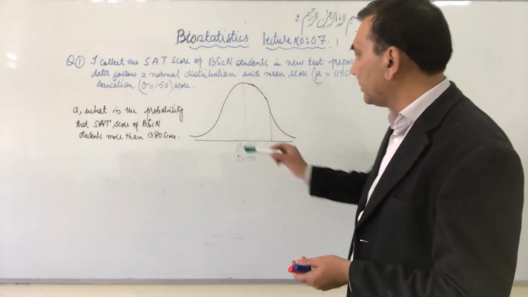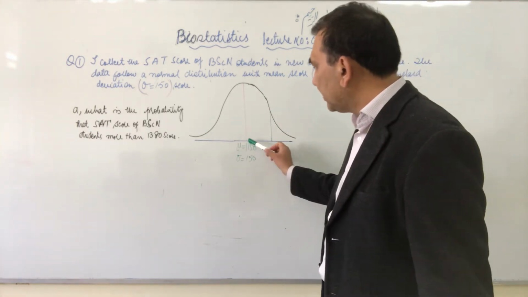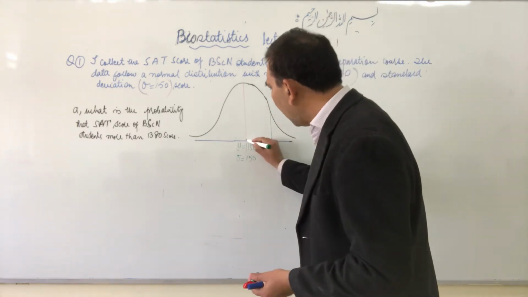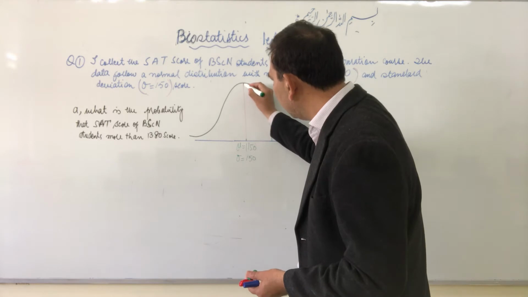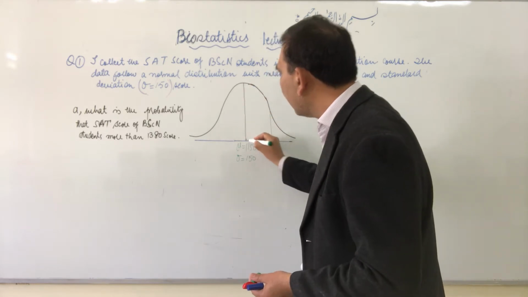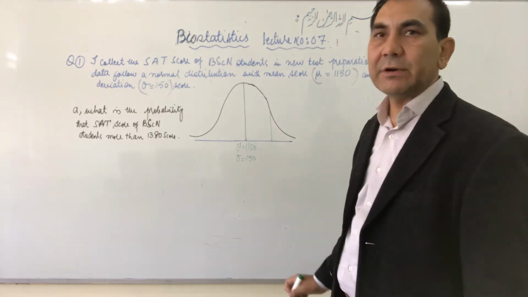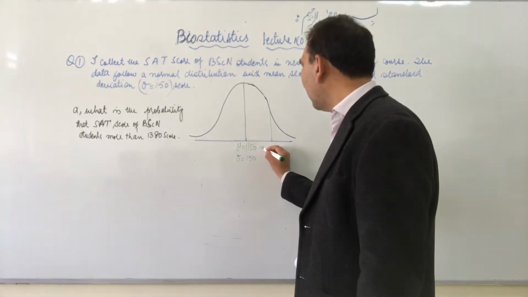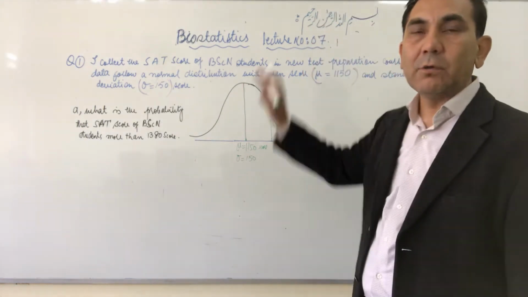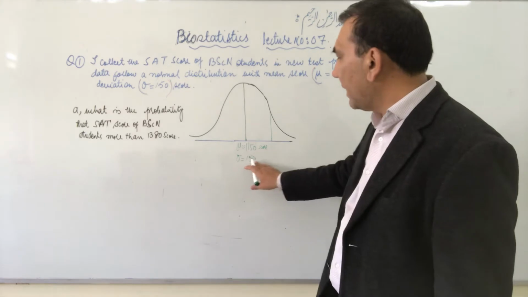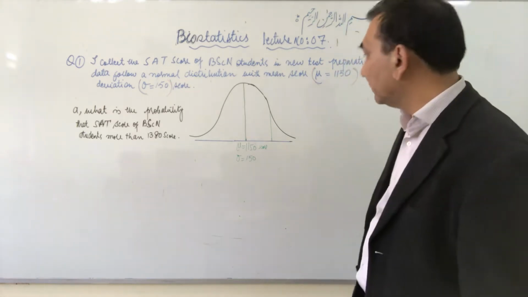Now we will learn this in the bell shape. I draw the bell shape over here. In the bell shape, mu is the mean of this data, which is 1150 of the state score, and sigma is 150.